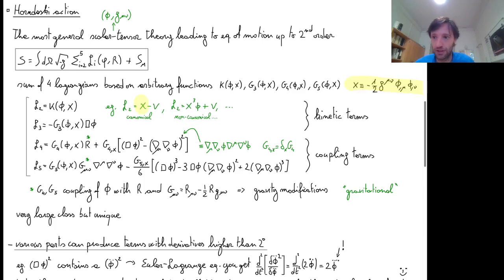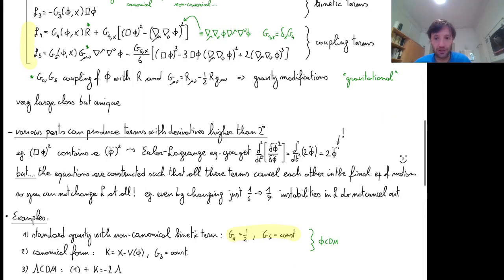I recall that X is this guy here, so just have the kinetic term minus V, so that would be your ideal fluid, for instance, but it could be something non-canonical, like this one, where we have, for example, X to the power of 3. And you can invent whatever you want. So here it still retains flexibility. This is just to set gravity as general relativity.